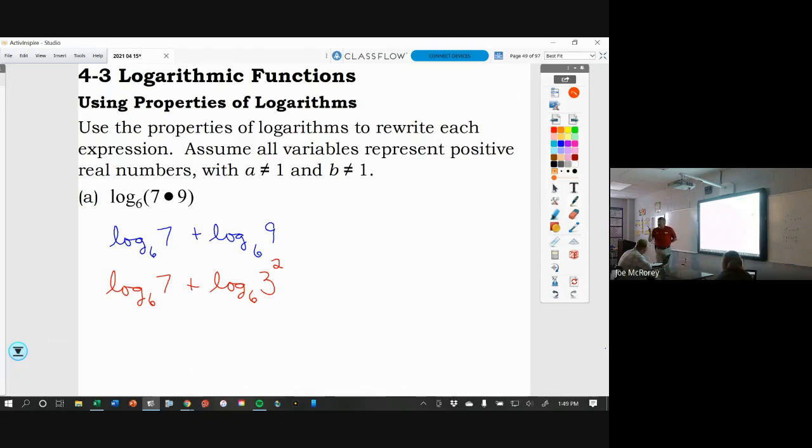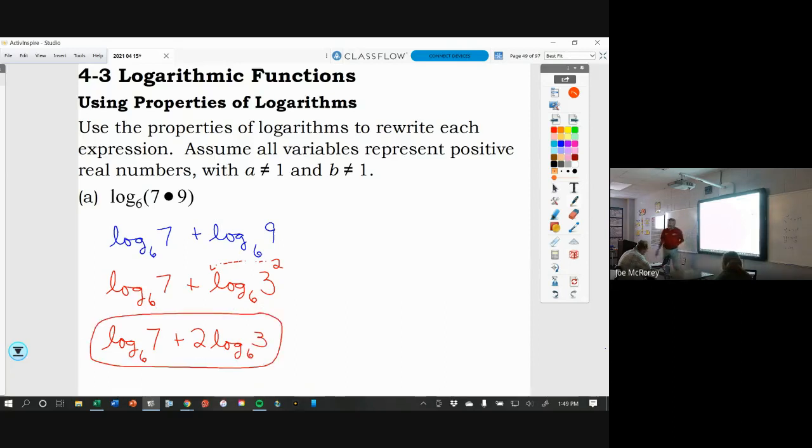And what was that property about powers? What do you do with that 2? You bring it to the front. That 2 is going to come right here. So my final answer would be log base 6 of 7 plus 2 log base 6 of 3. That would be my answer for this problem.